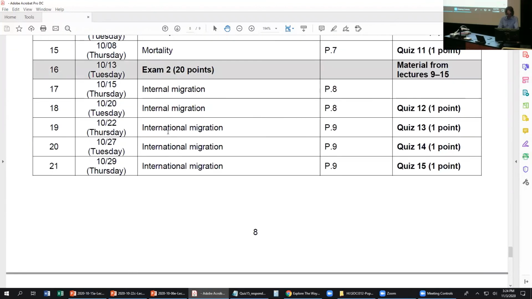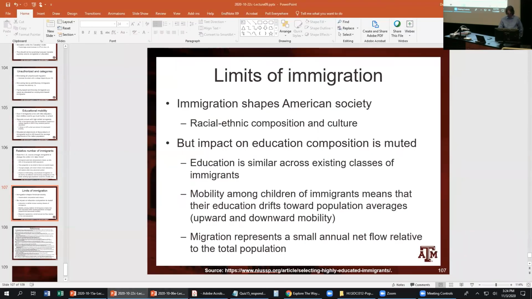So we jumped internal migration, we covered international, now I'm going to go back to internal migration, and exam 3 will cover a portion of mortality, a portion of international migration, and a portion of internal migration. Any questions? Okay.